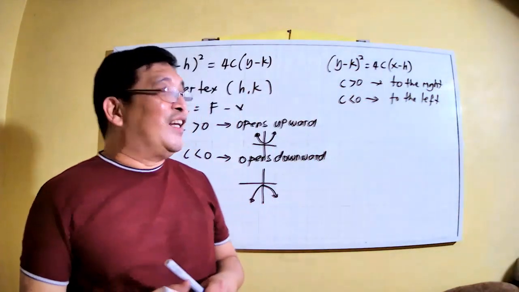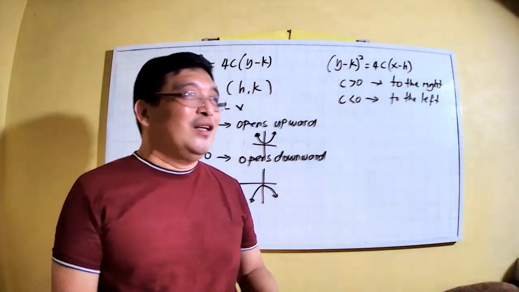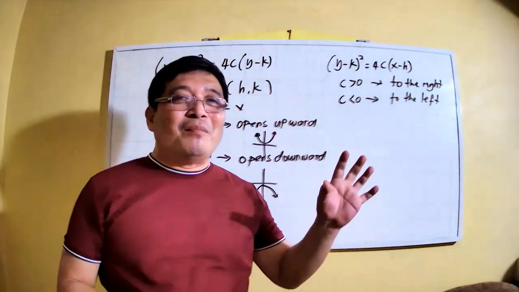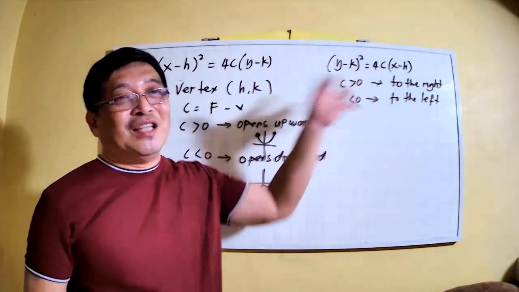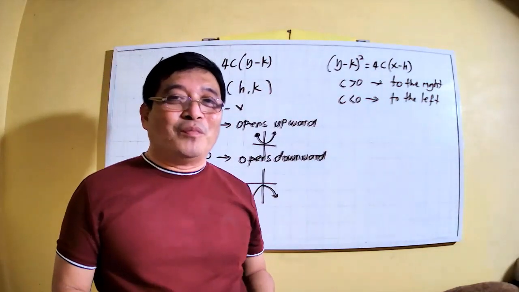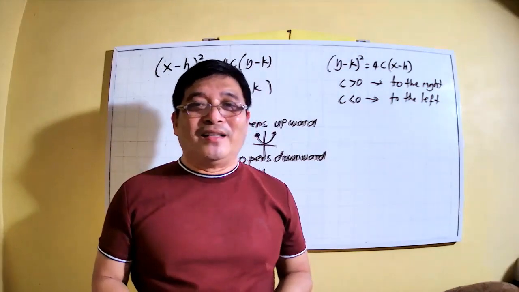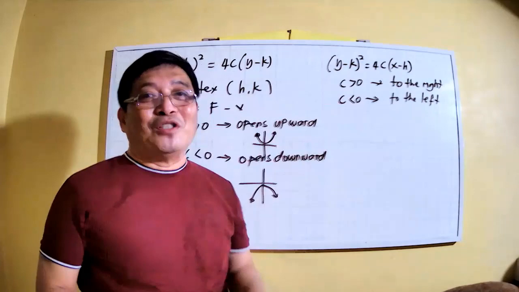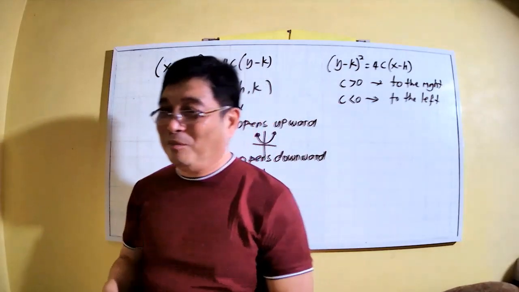So, ito ang check natin whether kung yung parabola, ang behavior niya ay pataas, pababa, pakaliwa, pakanan, kung alin yung gagamitin natin dito sa dalawa na equation o parabola in standard form. Now, I'm going to give an example para mas maintindihan natin about these two types of equation.